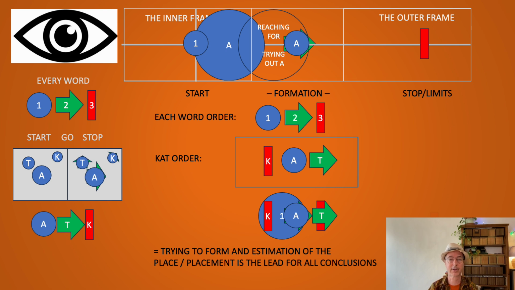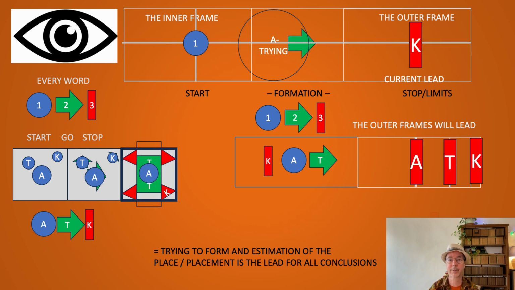The focus on this word is on the 3 levels, so the A, T and K. That K is the 3rd level, so it's also compared to the 3rd frame, the limits. So I start from the limits. You can see what kind of limits do we have. We also start from the outer frame, so it's the limit of our vision. We start from the outer frame, so from the borders.